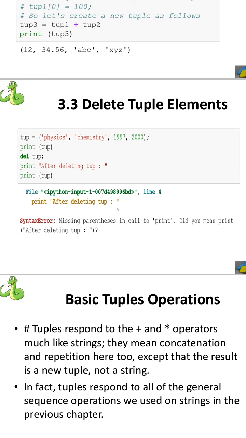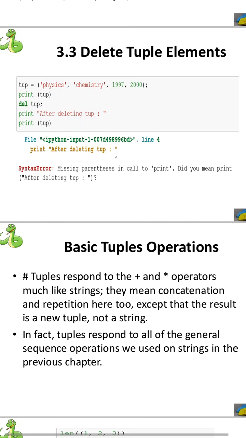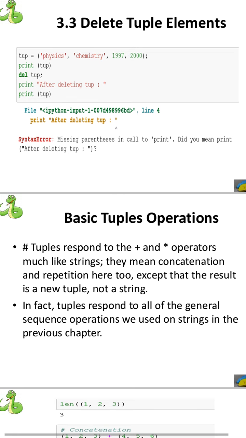If you observe the example, here tuple equal to physics, chemistry, 1997, 2000. After that, using a print statement, I am printing the tuple elements. In the output, it will print in the first line physics, chemistry, 1997, 2000.